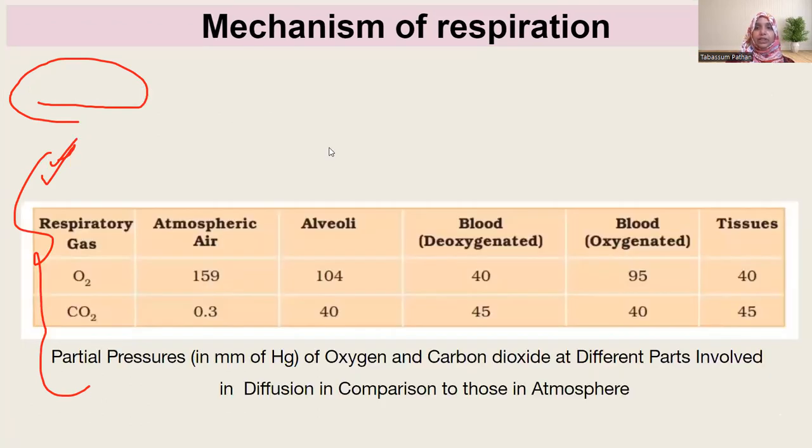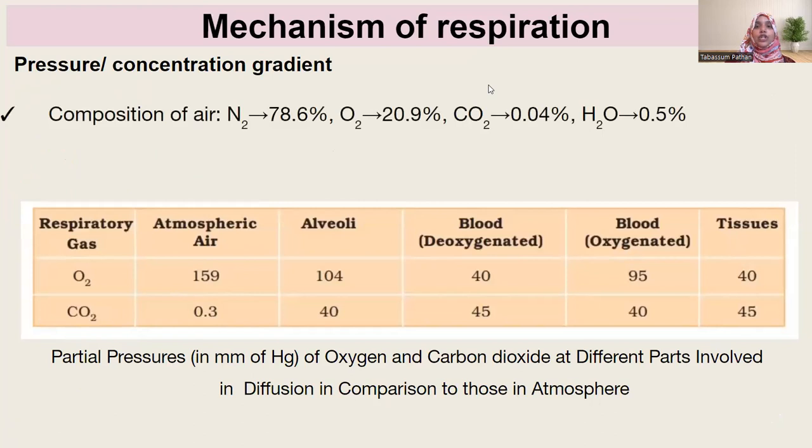Okay, as you can see in the slide, the pressure gradient in the air. So in air, you have nitrogen approximately 78%, oxygen 20%, carbon dioxide only 0.04%. So this determines your gas exchange. Air is a mixture of gases. Like you have nitrogen, you have oxygen, you have carbon dioxide, you have water, you have other trace gases also.